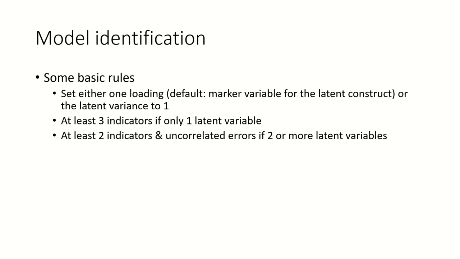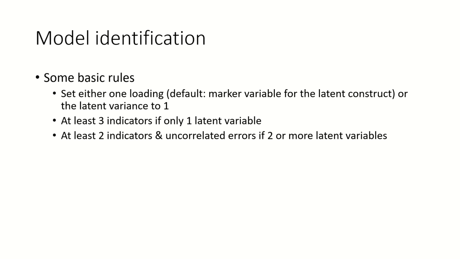Then another thing that we need in order for our model to be identified is we have to have at least 3 indicators, at least 3 observed variables per latent variable. This can be relaxed somewhat if we have more than 2 latent variables, and these latent variables are freely estimated. We can actually get away with just 2 indicators, as long as these 2 indicators are uncorrelated with each other.